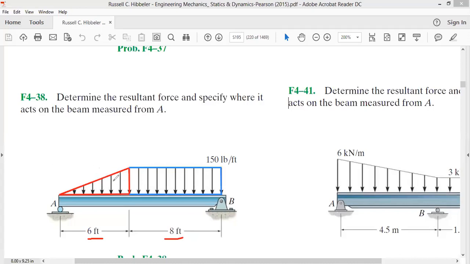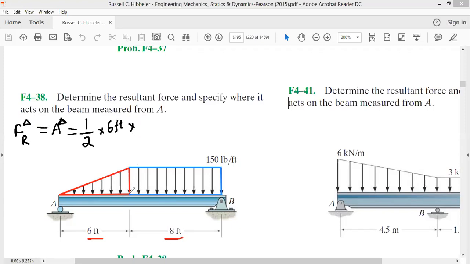Now first we find the resultant of this triangle. The resultant force because of the triangle will be equal to the area under this triangle, that is half of base, 6 feet, multiplied by its perpendicular.